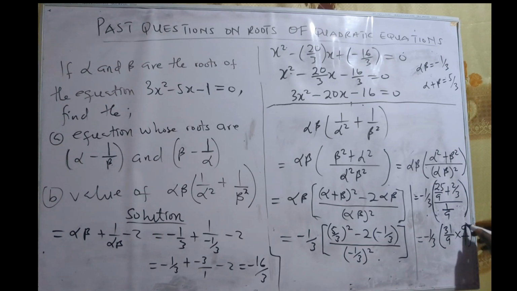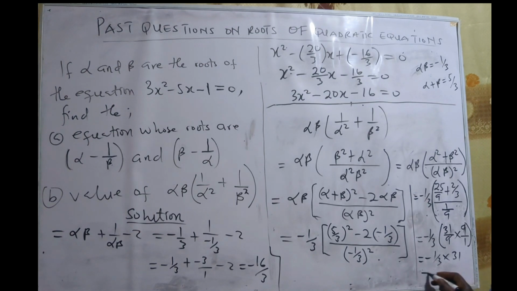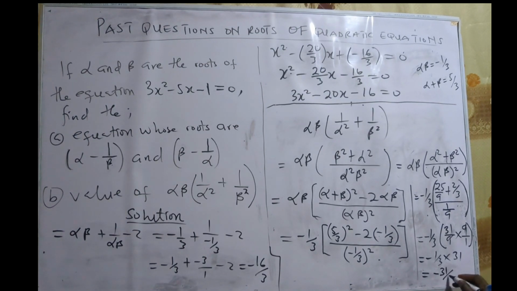Alright, so that 9 can cancel 9. So I have minus 1 on 3 times 31 over 1, which is minus 31 on 3.